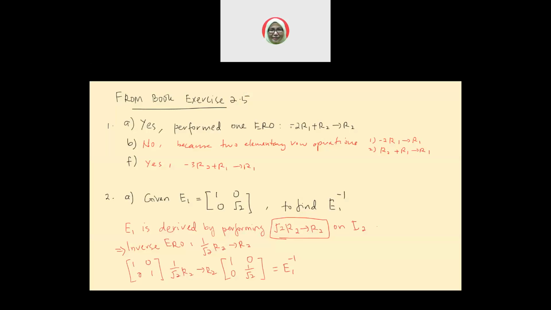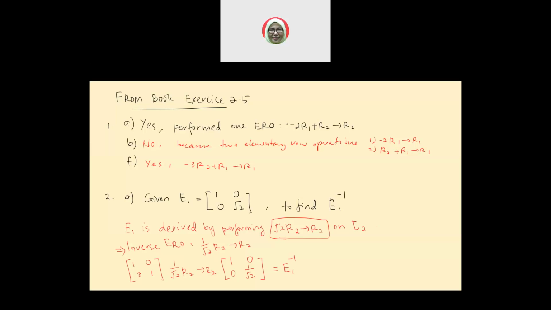Alright, the first one, 1A. Yes, that matrix is an elementary matrix because it performs one row operation, negative 2R1 plus R2 changes in R2. Okay, 1B.